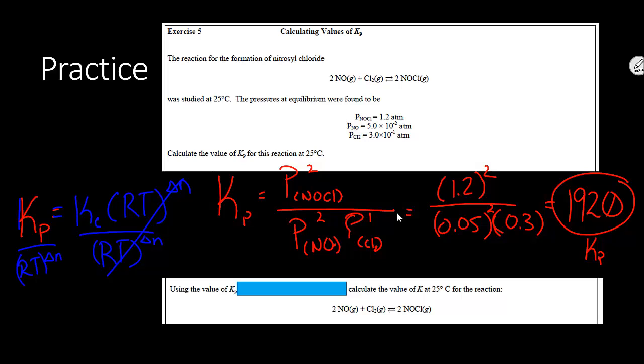The formula we'll use is that Kc equals Kp over RT to the change in moles. Kp we already have, so 1920 over RT.